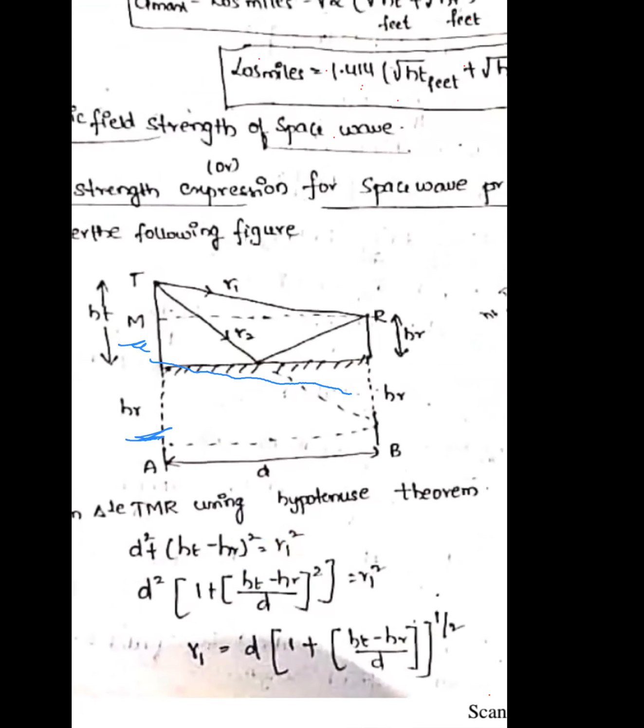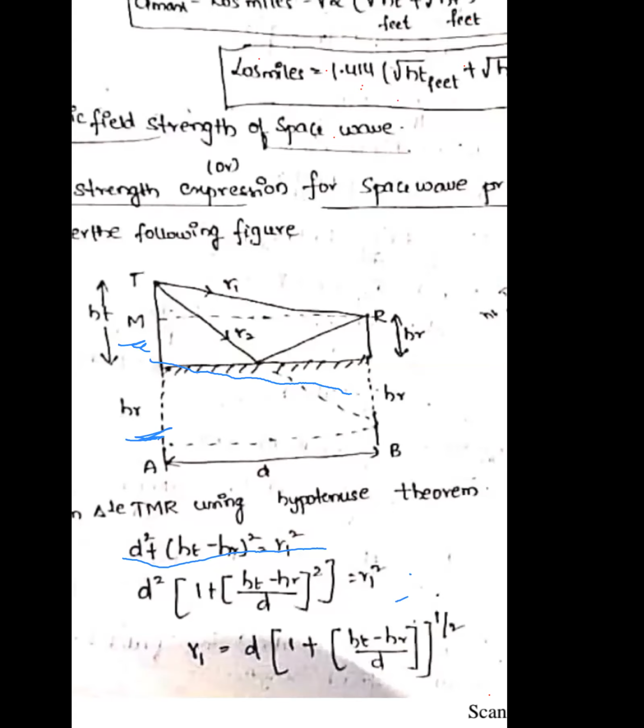Now from this expression I am taking D square common. This becomes 1 plus (HT minus HR) whole square by D square. So I wrote it as 1 plus ((HT minus HR) by D) whole square, multiplied by D square, that is equal to R1 square. Now if I send this square to the other side, it becomes root of D square. R1 is equal to root of D square into (1 plus ((HT minus HR) by D) whole square).